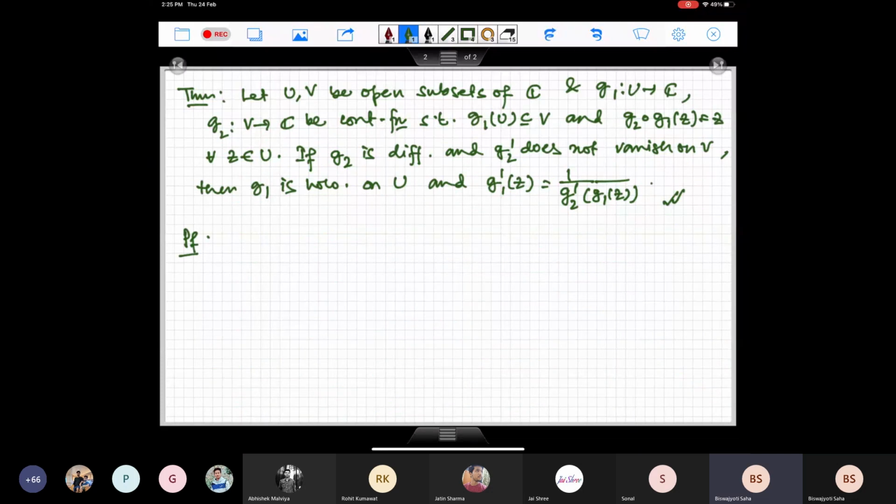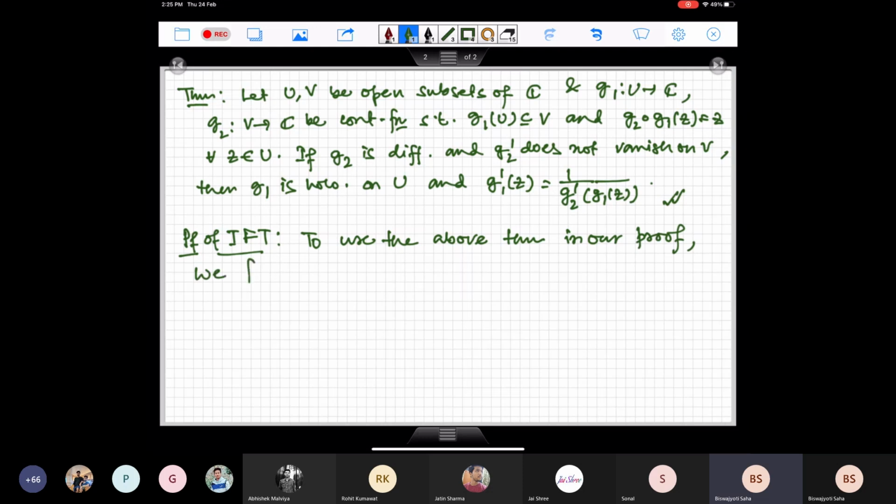Proof of the inverse function theorem. To use the above theorem in our proof, we first show that f injective implies f prime does not vanish.